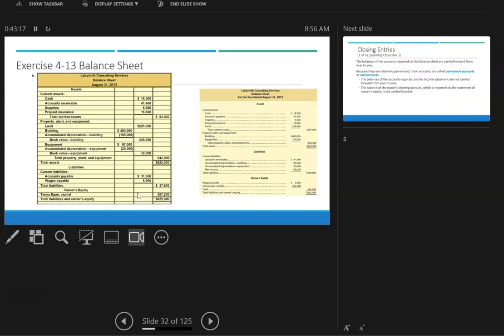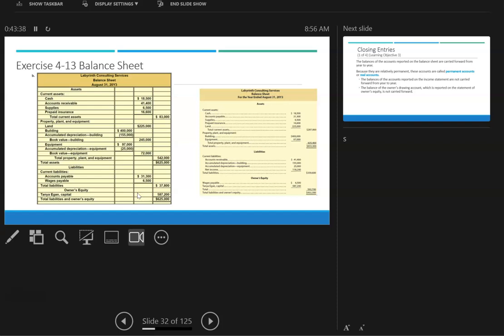Okay? So basically, the corrected statement shows our current assets, cash, accounts receivable, supplies, and prepaid insurance. Our property, plant, and equipment includes the land and the building. Accumulated depreciation gets subtracted from the building.